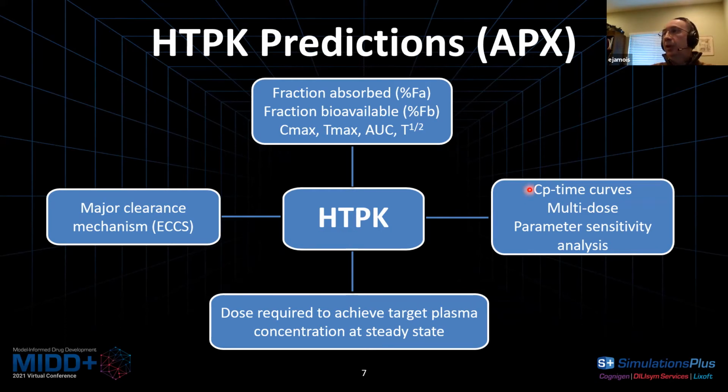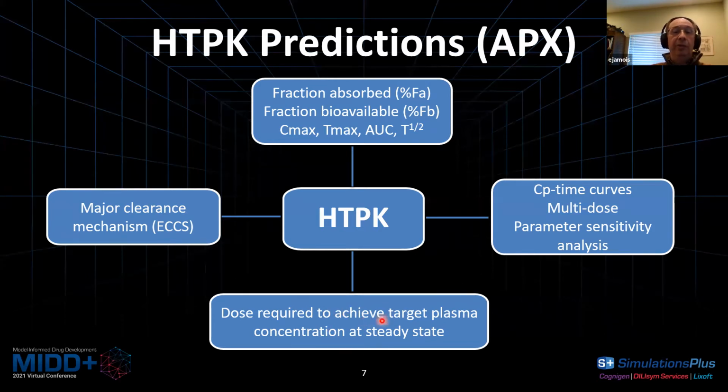You can also generate CP time curves, now supporting multi-dosing. You can do parameter sensitivity analysis, and you can also back calculate the dose that would be required to achieve a certain target plasma concentration at steady state.